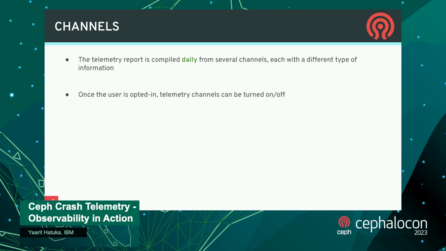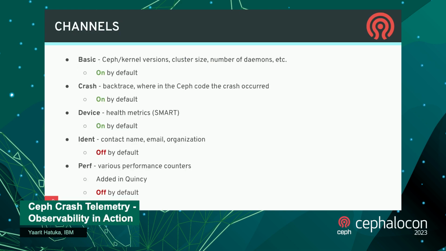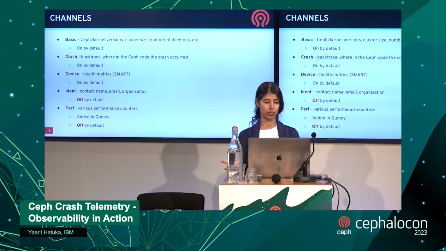So the telemetry report is compiled from several channels. It is compiled daily, and once the user is opted in, they can turn channels off or on. So currently we have 5 channels. We have the basic channel, which reports Ceph and kernel versions, basic information like cluster size, number of daemons, and so on.